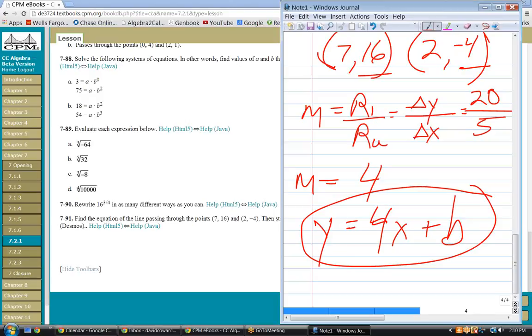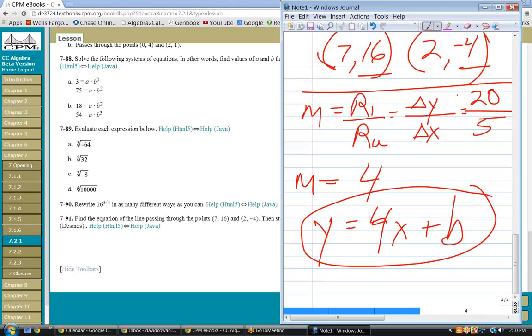Now, you might have done this 2 different ways in class. You might have used the point slope formula, or you might have used the slope intercept formula. I don't know which one you've used. But you can... I just plugged the points into the equation. That's fine. So let's do that.